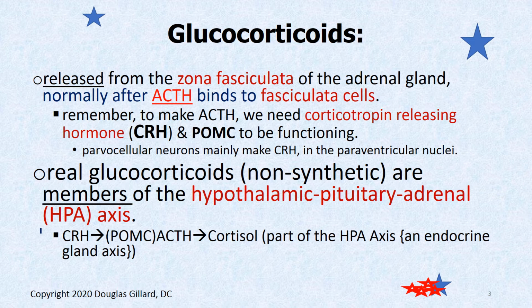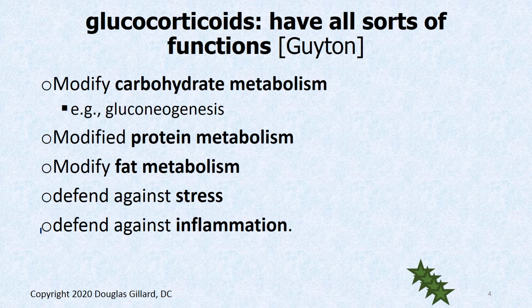Real glucocorticoids, non-synthetic ones, are members of the HPA axis, the hypothalamic pituitary adrenal axis. I think we know that stuff. They have all sorts of functions. A big one is carbohydrate metabolism. We've already talked quite a bit about how stress can suck glucose out of your system, and it needs to be replaced.